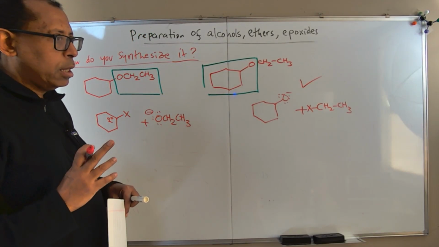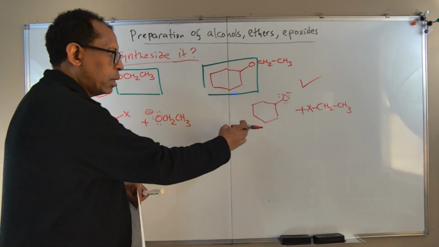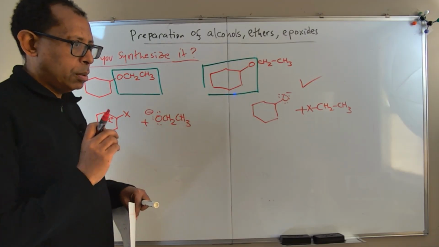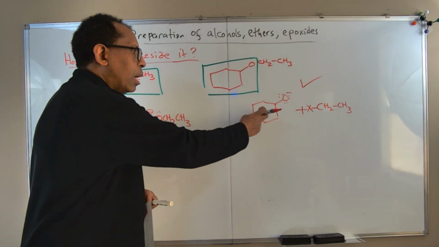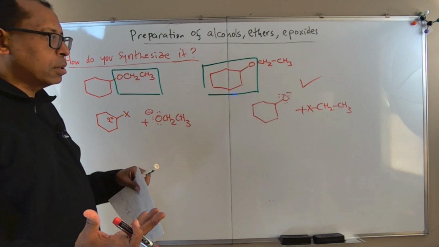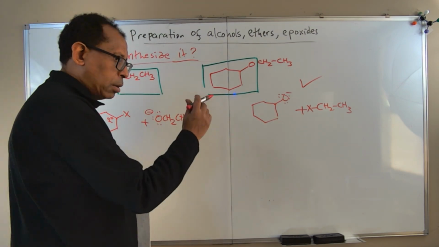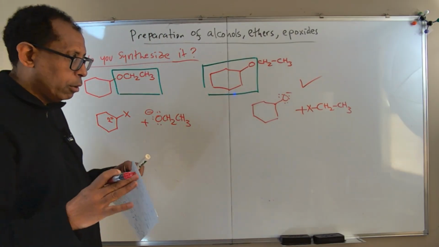One important thing, usually the alkoxides are not readily available. This is very important: you can't find alkoxides just in a bottle. They come, for example, as alcohol. So now I'm introducing a new concept.